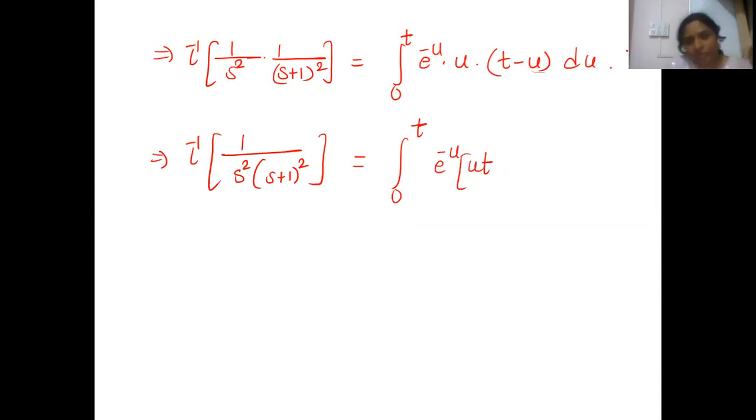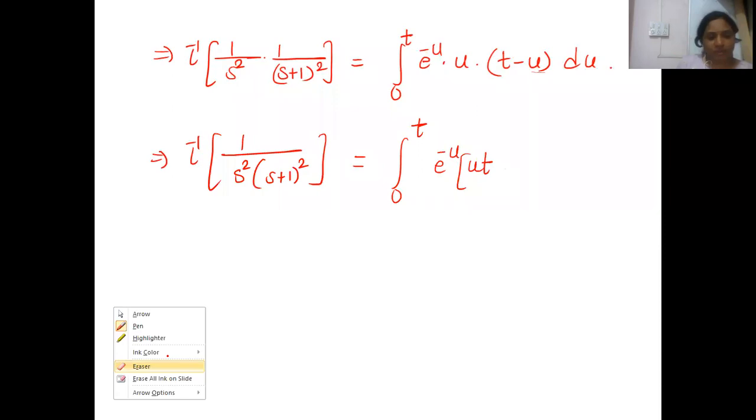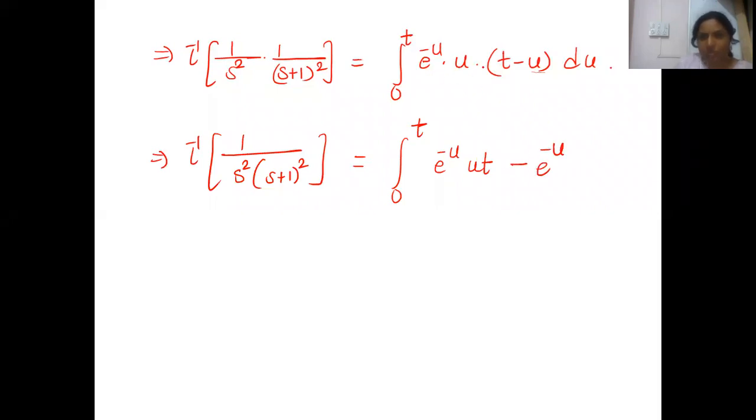Or should I multiply and open this fully? Two separate terms will be formed: e raised to minus u t, minus e raised to minus u into u square. Is this correct? Yes, you can separate this.